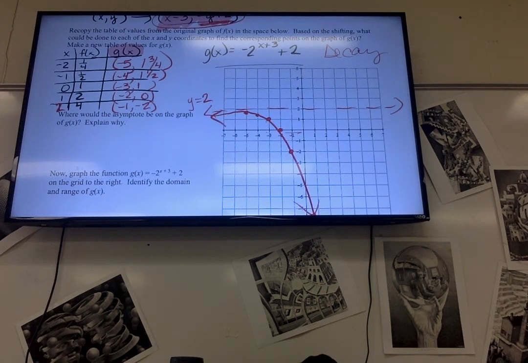It looks something like that. We could see that it's decay. That should be straighter. And also, the horizontal asymptote is y equals 2.